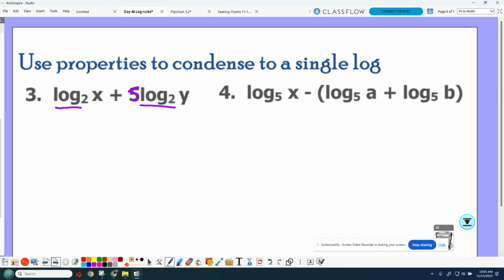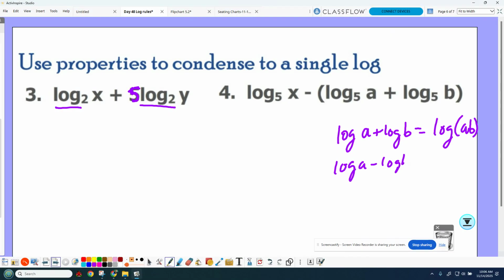Which 5? Yeah, the 5. I want this 5 to not be there. How did we manage that? Looking at the properties, addition across became multiplication inside, subtraction across became division inside, so that minus sign kind of looks like the fraction.